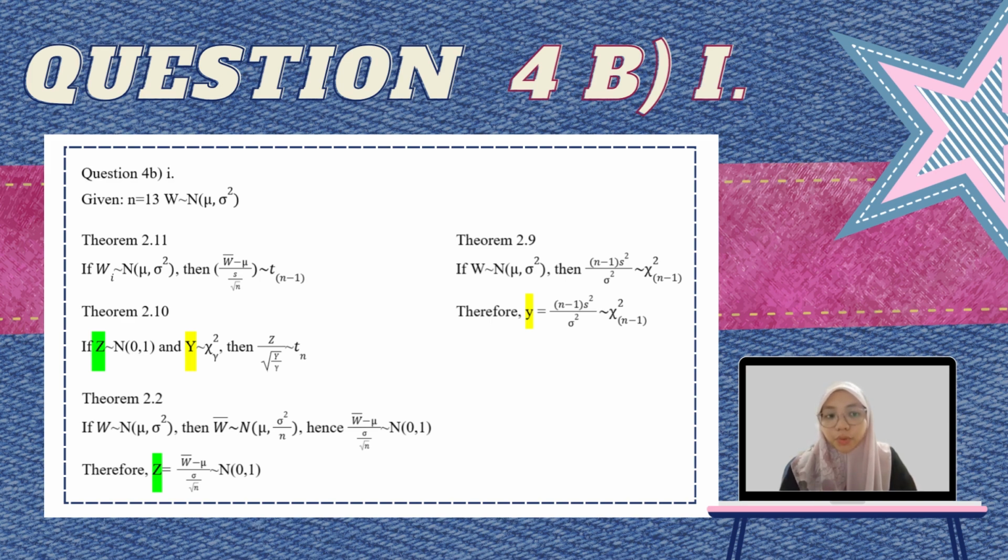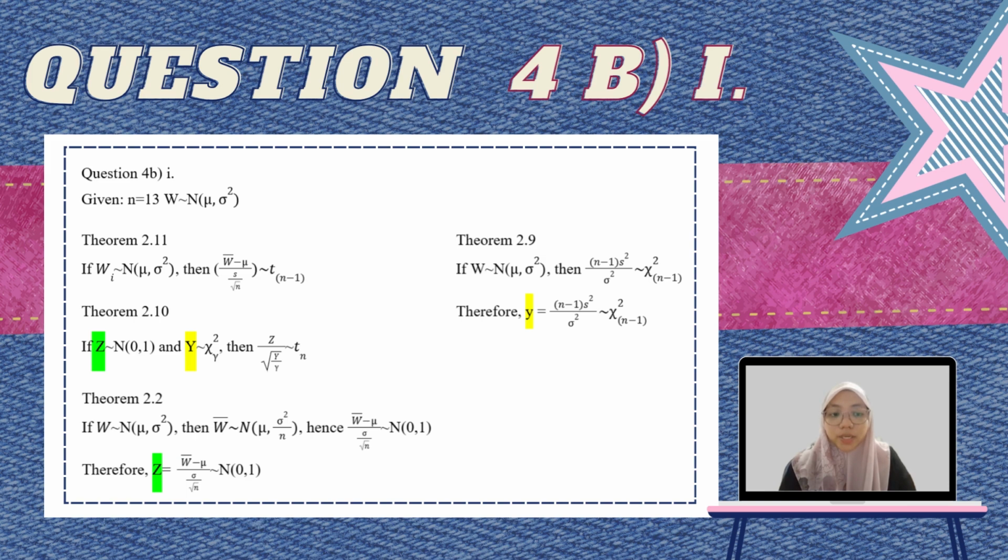From theorem 2.2, when W follows a normal distribution, then W bar follows a normal distribution too. And then Z equals W bar minus mu divided by standard deviation over square root of n follows standard normal. Also, when W follows a normal distribution, then n minus 1 S squared over sigma squared follows a chi-squared distribution with degrees of freedom n minus 1.